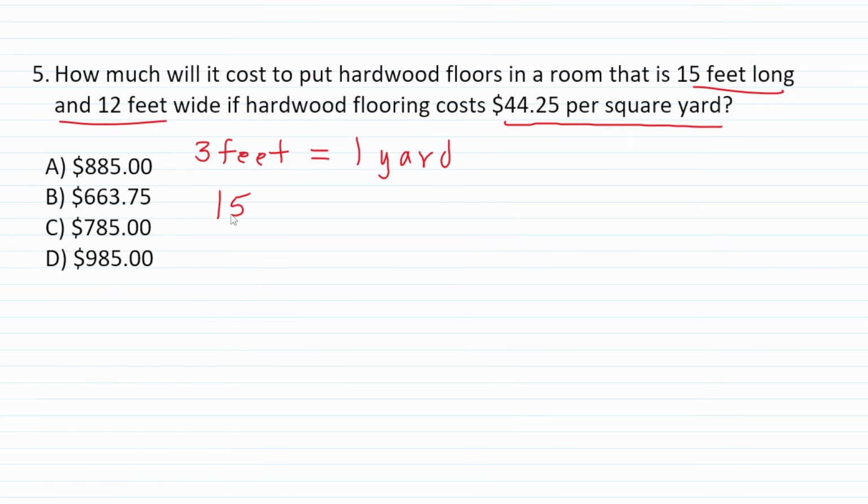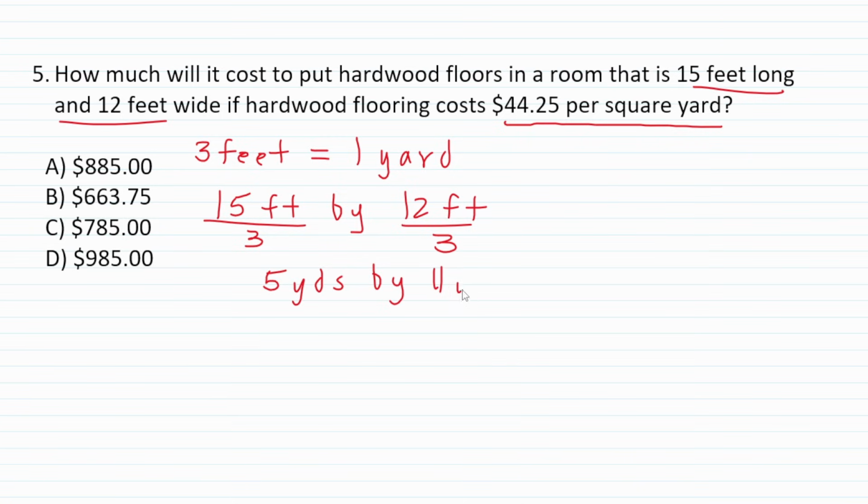So a 15-foot by 12-foot room can be converted to yards by dividing both of these by 3. 15 divided by 3 is 5, so that's 5 yards, by 12 divided by 3 is 4 yards. Again, our cost is given in terms of square yards, so the area of our room is 5 by 4 yards, or just 20 square yards.